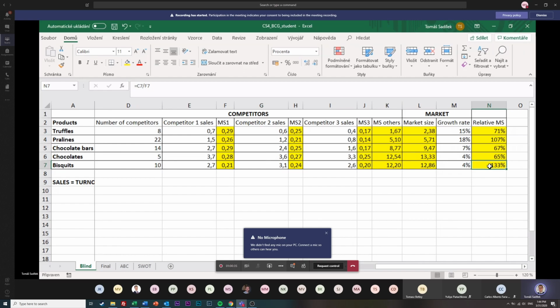Okay, any questions? How do we calculate the market share of others? It's easy. Only the market share of others. Once more, this is the market size minus market share of number one minus market share of number two minus market share of number three.